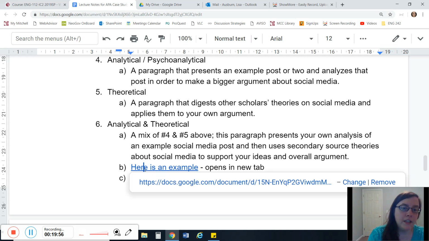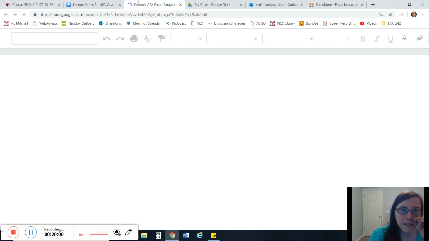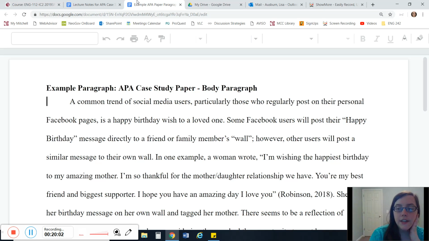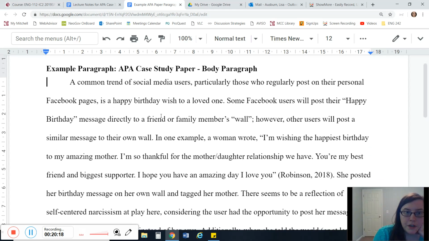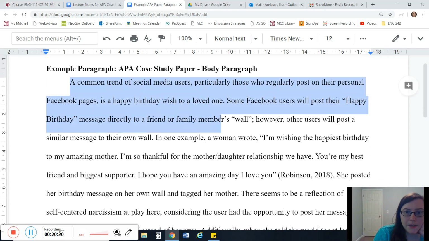I have written an example paragraph so that you guys have access to something that is an example of what I consider really good writing for this paper. So this would be a body paragraph, and you can read through this. I've linked it in the FYI section in a standalone section, and also in these notes if you want. I would definitely encourage you to read it. So I give a topic sentence.